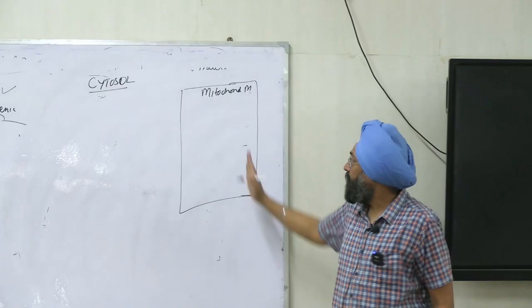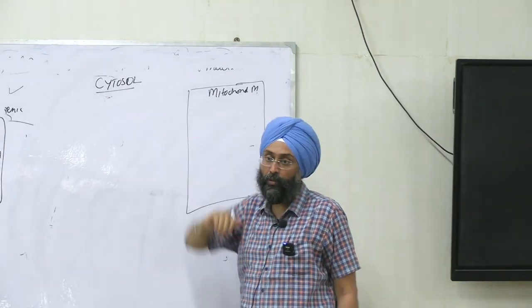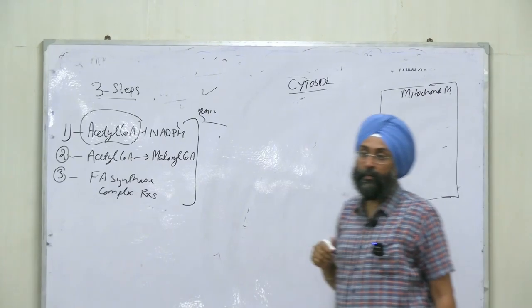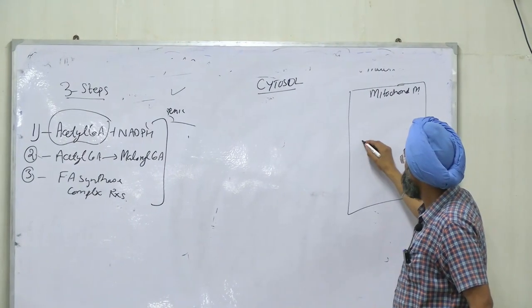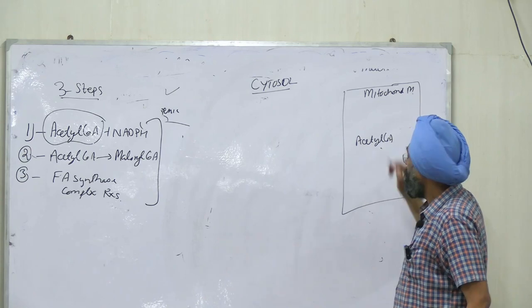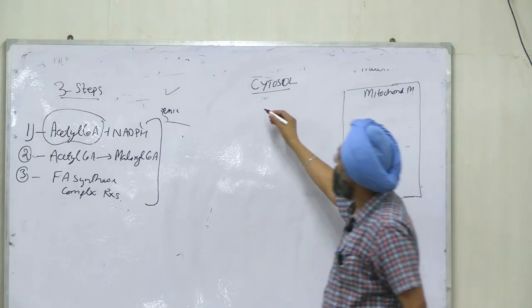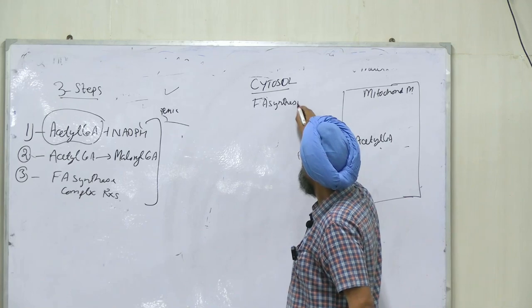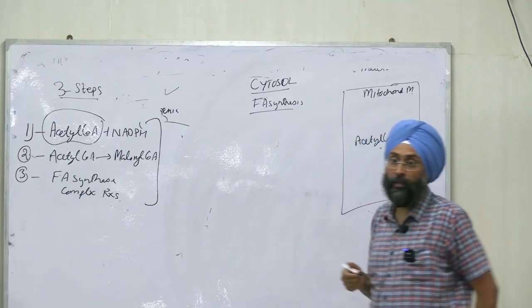right? This is mitochondria, this is cytosol, and this acetyl-CoA is formed in which compartment? Matrix, right? But fatty acid synthesis is going on in cytosol, right?